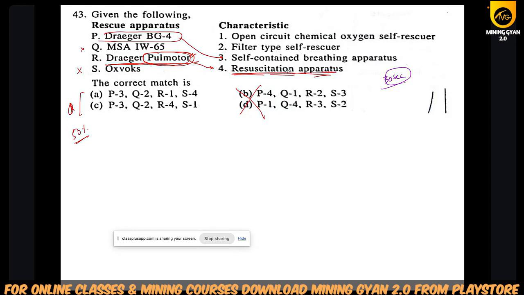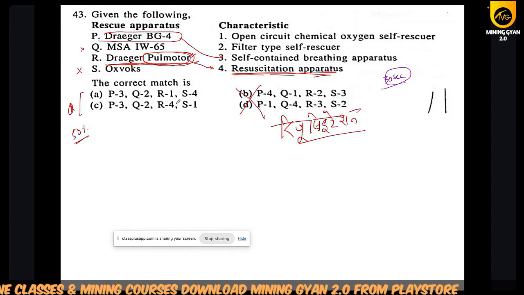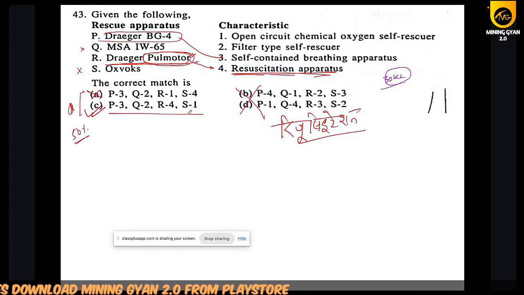I have read somewhere that it is resuscitation. Okay, so now if I write R is 4, one option will also be eliminated. You will get P3 Q2 R4 S1.